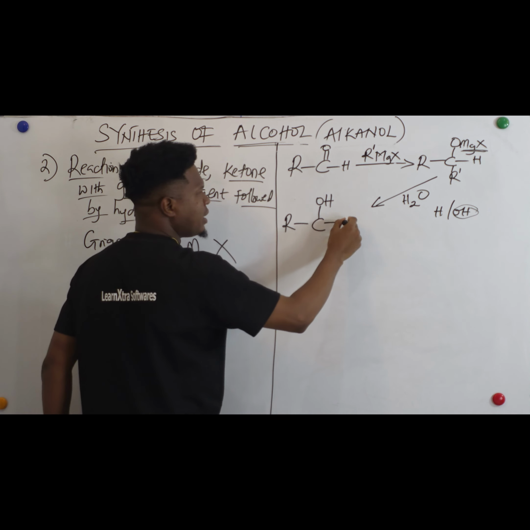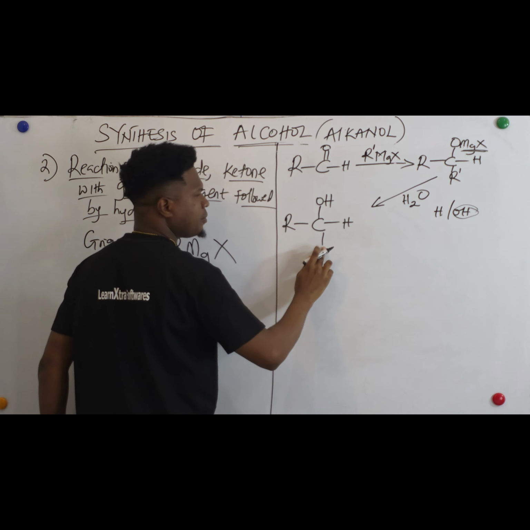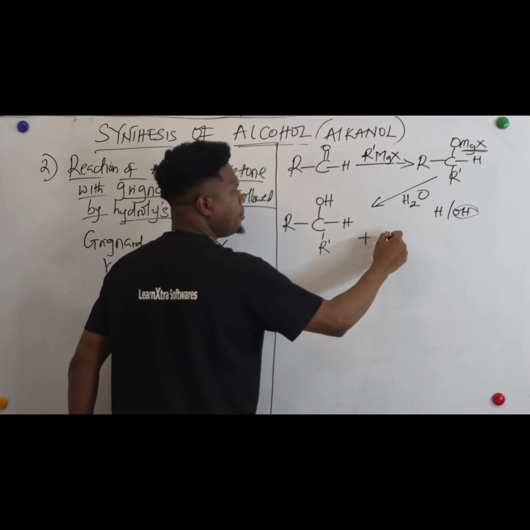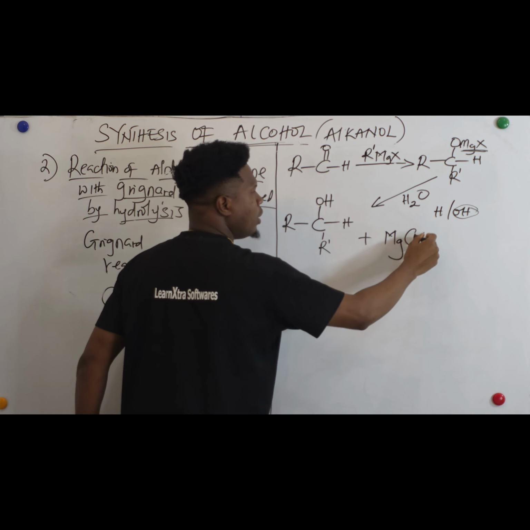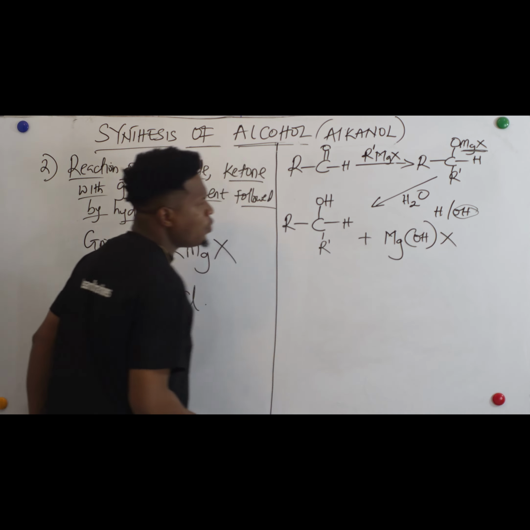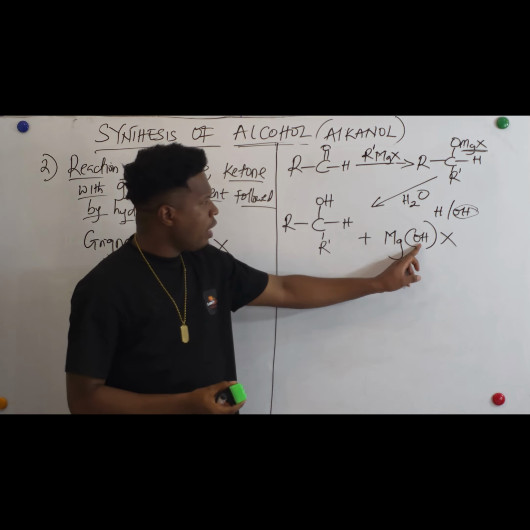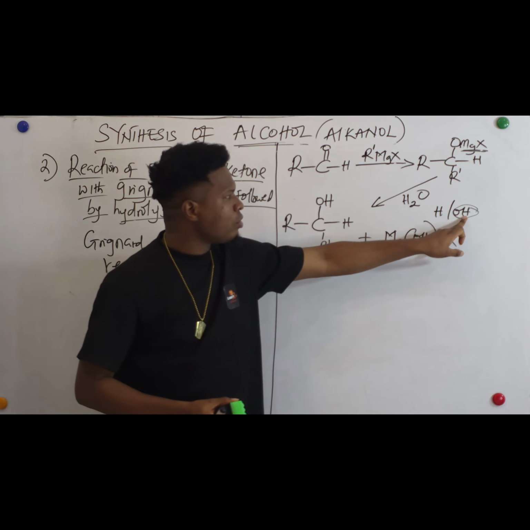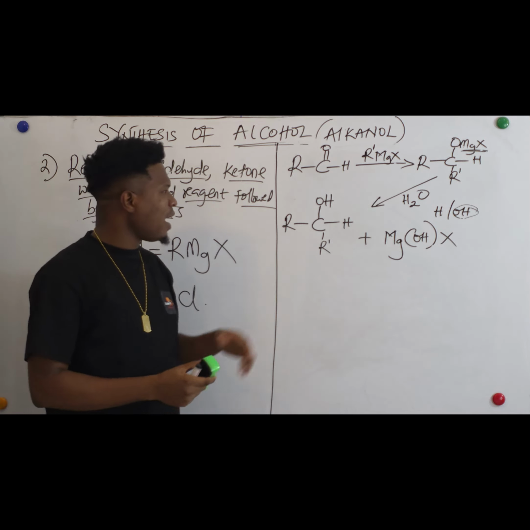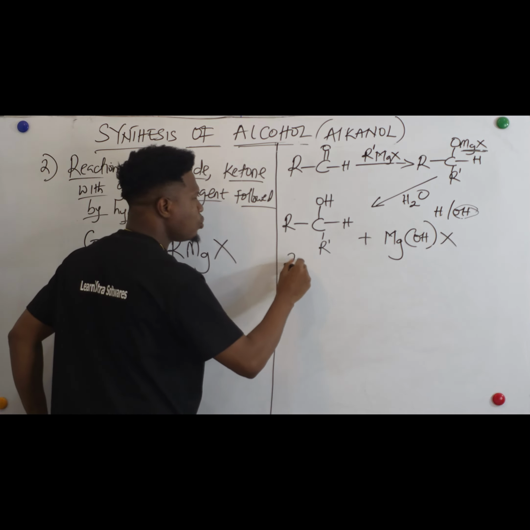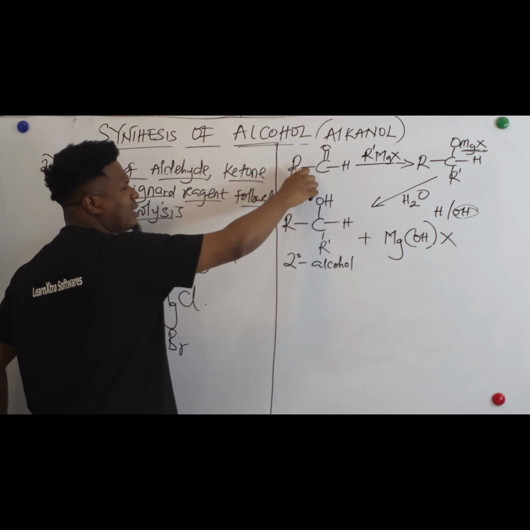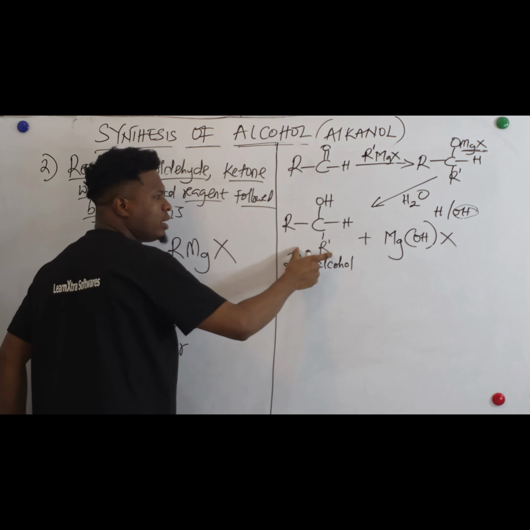So we have this plus Mg(OH)X. Where is the OH coming from? From this side. MgX will react with this to give us this. So this class of alcohol here is a secondary alcohol. So an aldehyde will give us a secondary alcohol.